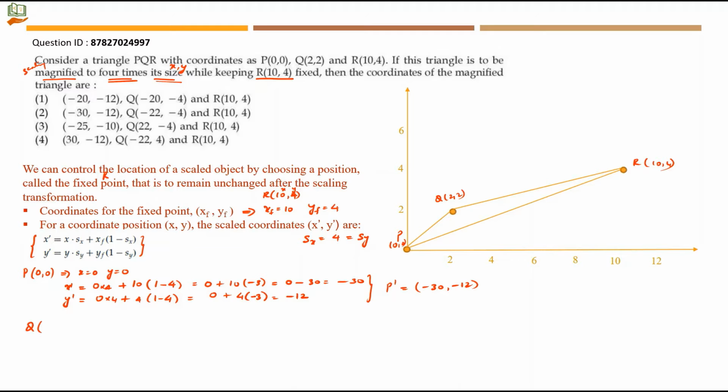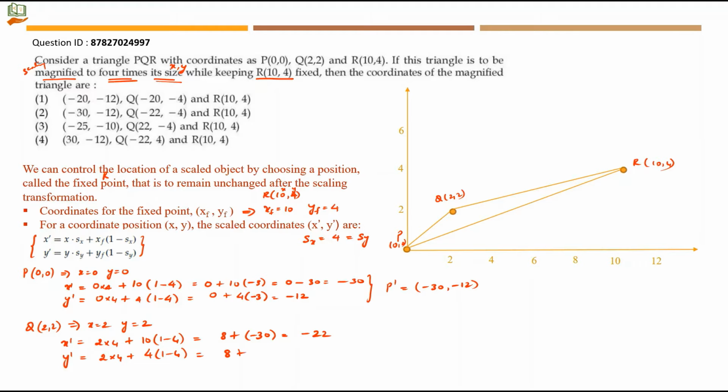Then we will find for Q, which has the coordinates (2, 2). So we can take x equal to 2 and y equal to 2. Just substitute: x' is equal to 2 times 4 plus the same thing, 10 times (1 minus 4), which is equal to 8 plus 10 times minus 3, which gives minus 30. This will give a value of minus 22. y' is the same thing: 2 times 4 plus 4 times (1 minus 4).